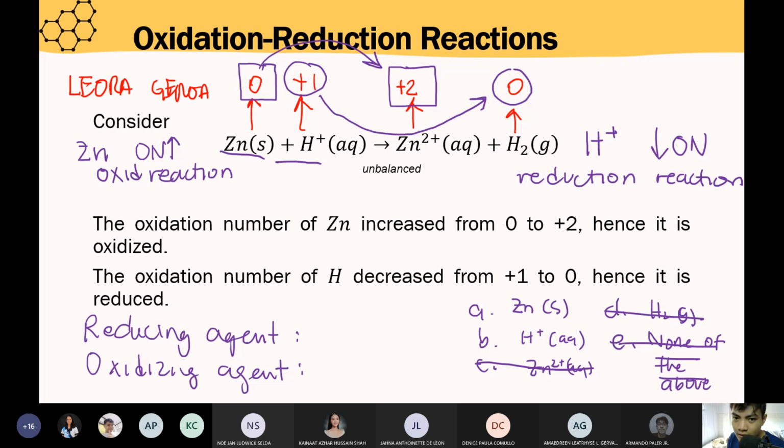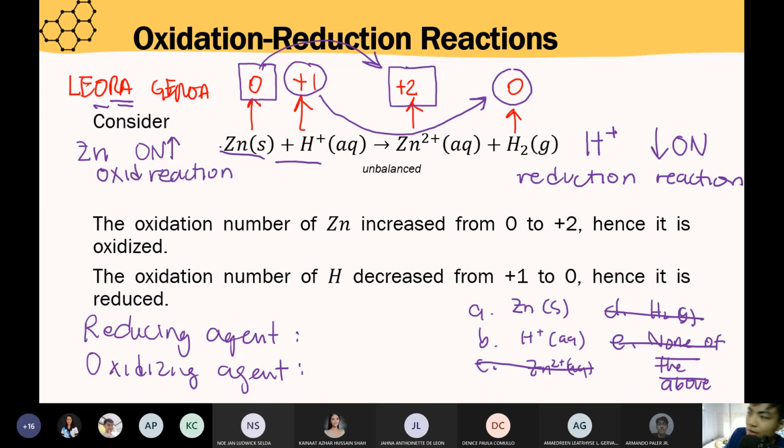Okay? Kasi, one of them is the oxidizing agent. The other is the reducing agent. Okay? So, 50-50 na lang yan. So, kapag nandiyan ka na sa ganyang question, balikan mo yung LEO-GER. Okay? Ang sabi ng LEO-GER, kung sino nag-undergo ng oxidation, siya yung reducing agent.